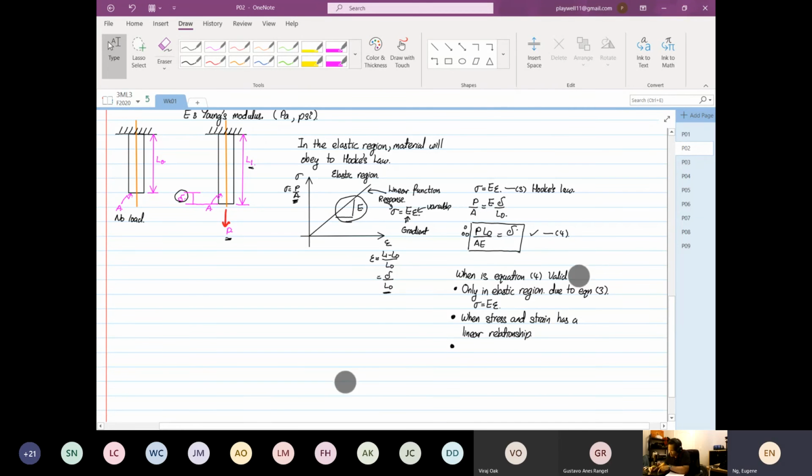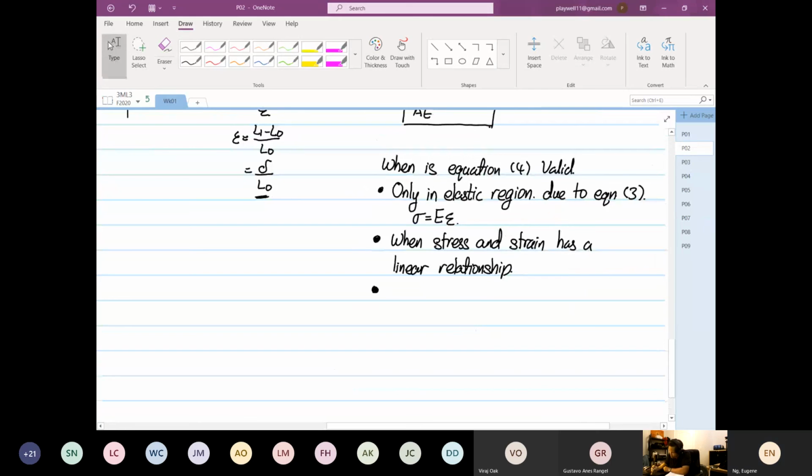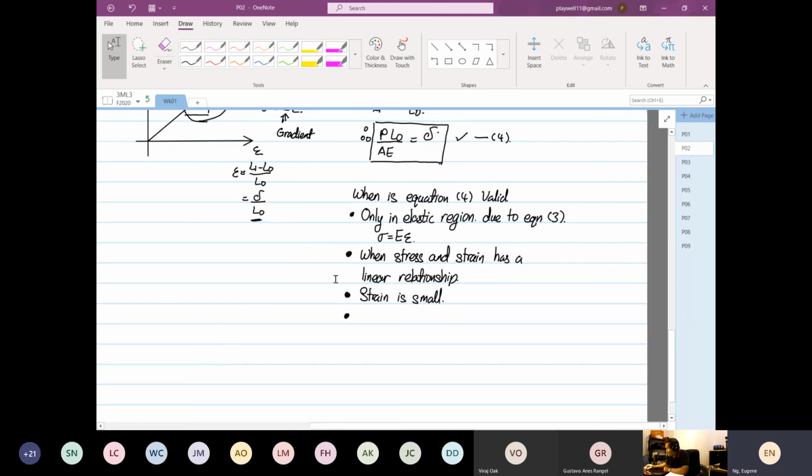Strain is small. So we are still focused in the elastic region. What else? Jerome is writing something. Under axial loading condition only.